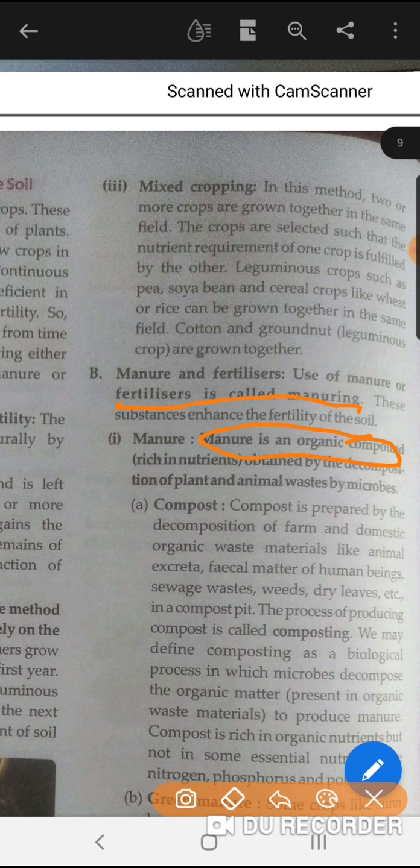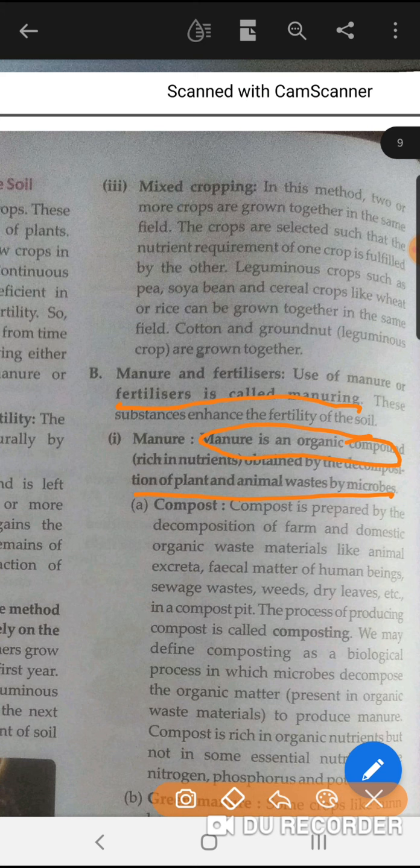That means it is prepared from dead and decomposed materials. It is obtained by the decomposition of plant and animal waste by microbes. In this way, we can say that manure is harmless to the crop. It only gives nutrients and doesn't cause any harm to our crop.